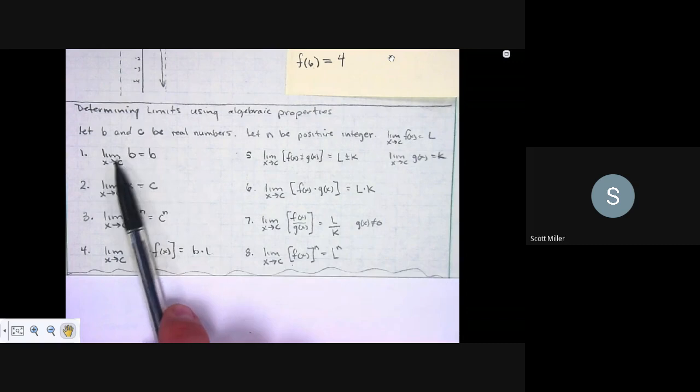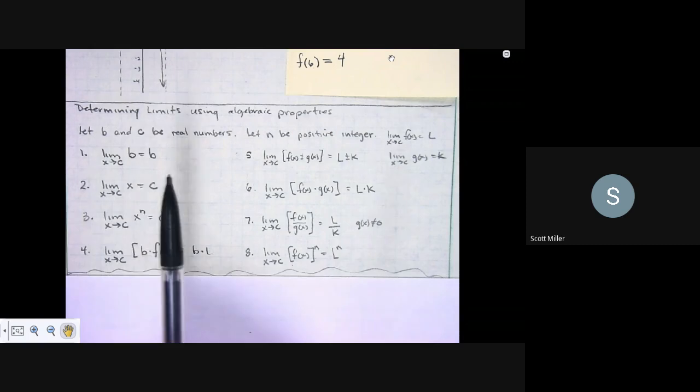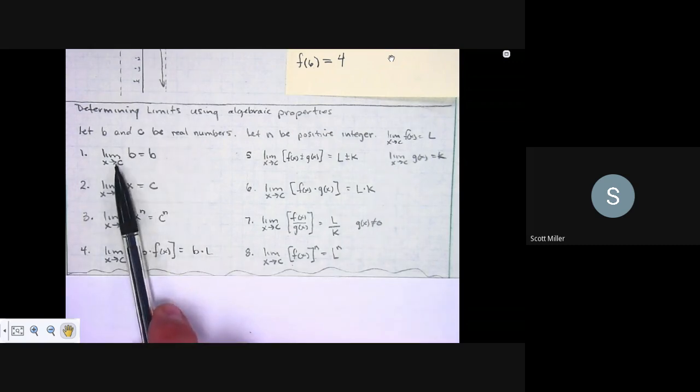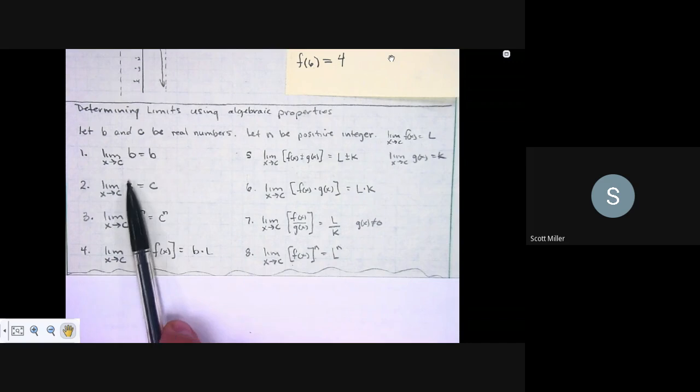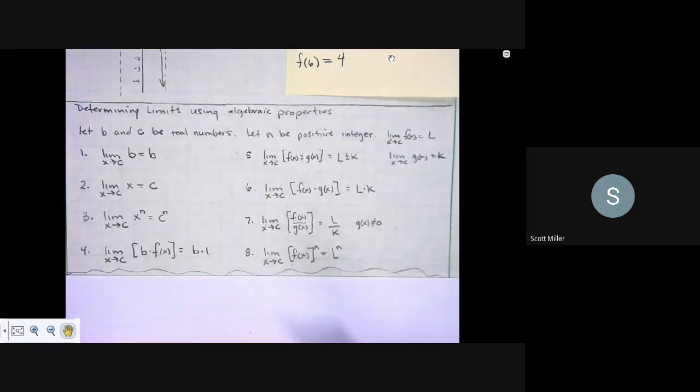The limit as I approach a constant, in other words, a horizontal line. So try and visualize a horizontal line. And as I approach some c value, I'm going to get the same value because all the y's are the same y value. It's a horizontal line. So what if I have the function x? Well, think about what the graph looks like. What does y equals x look like? It's that diagonal line, right? It's the diagonal line through the origin.